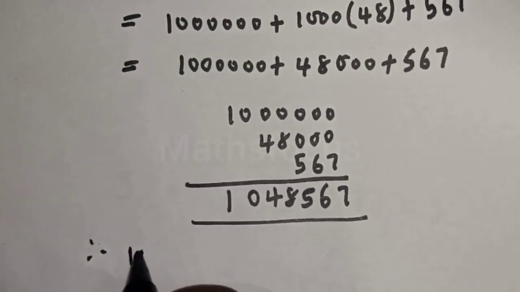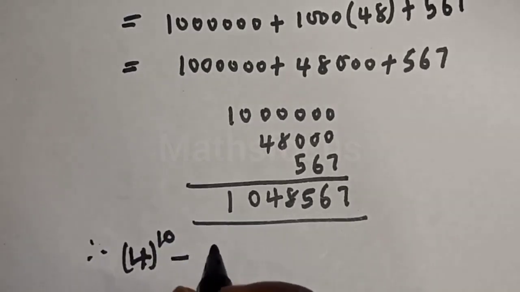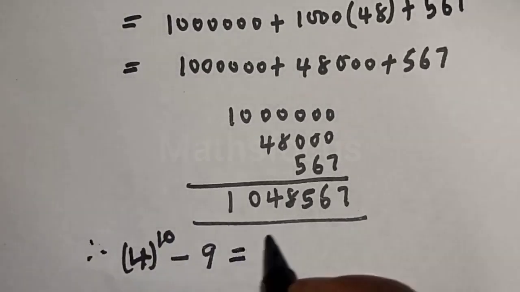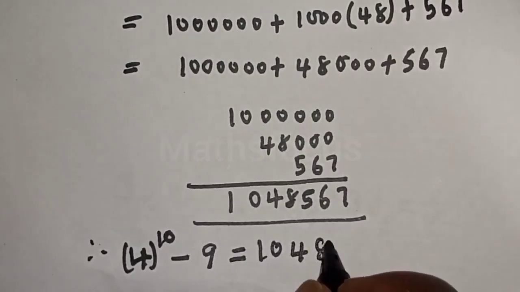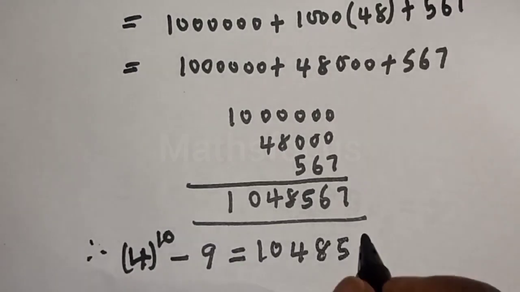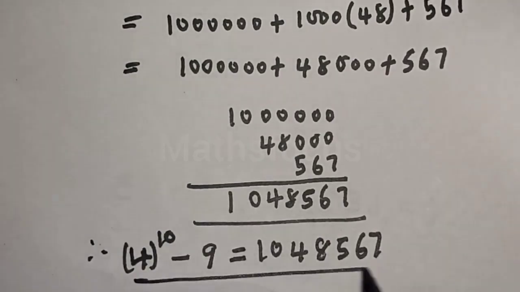Therefore, 4 raised to power 10 minus 9 is equal to 1,048,567. This is the final answer.